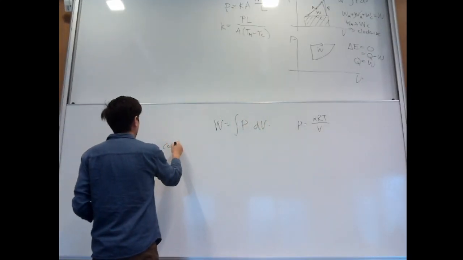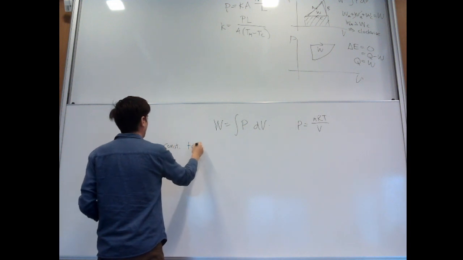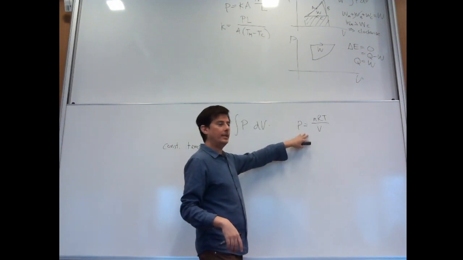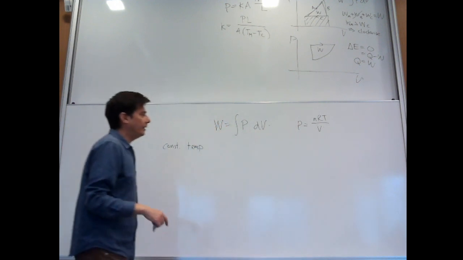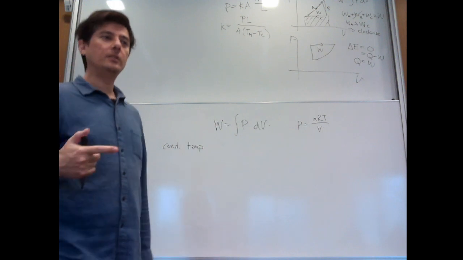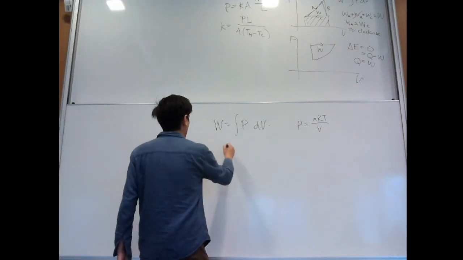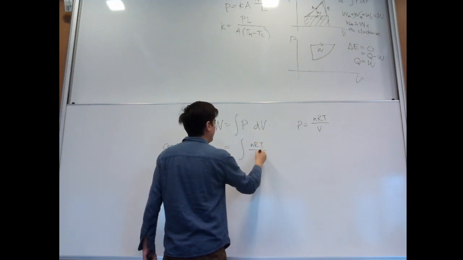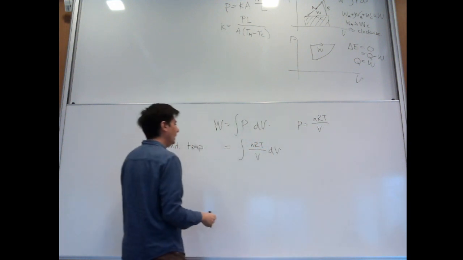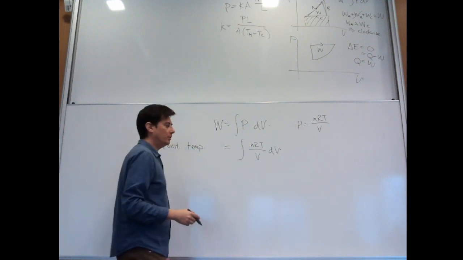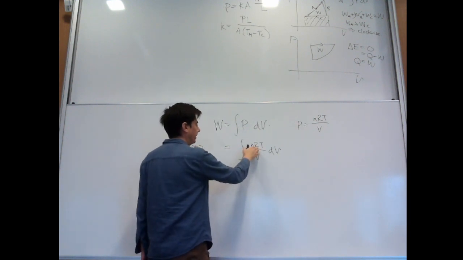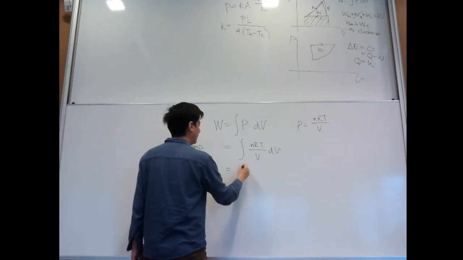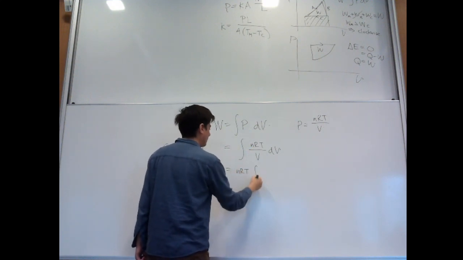So for constant temperature, if we substitute the PV equals nRT relation into this integral, and the temperature is actually constant, then we can evaluate this. So nRT over V, and well, the number of moles is usually constant, R is definitely constant. If this is a constant temperature process, then all this stuff comes outside the integral.